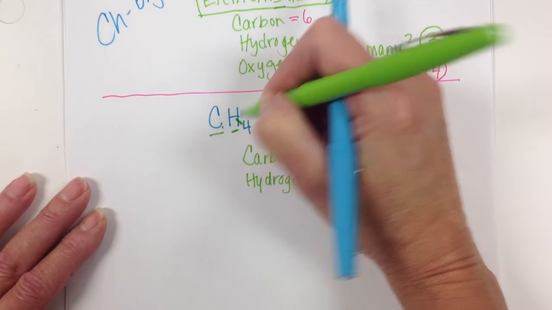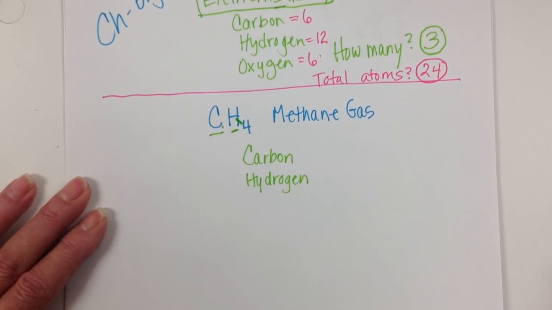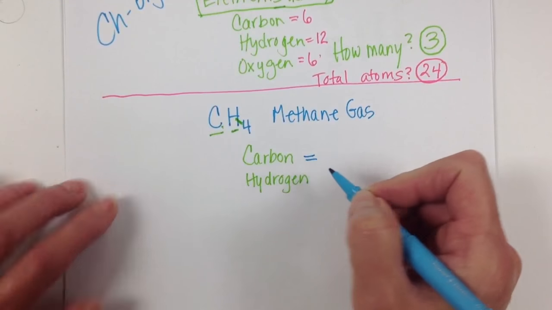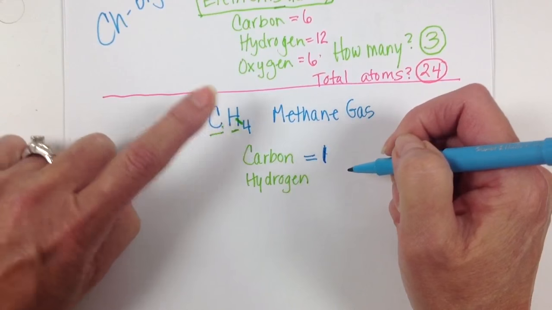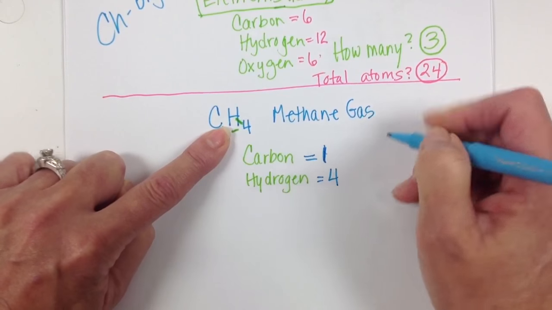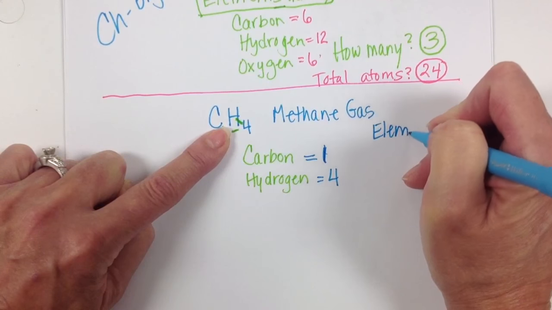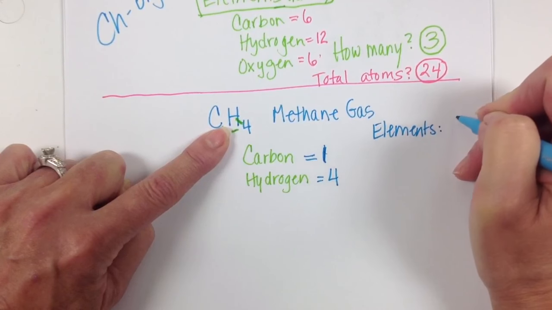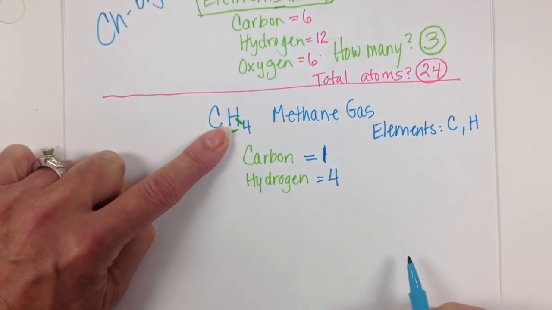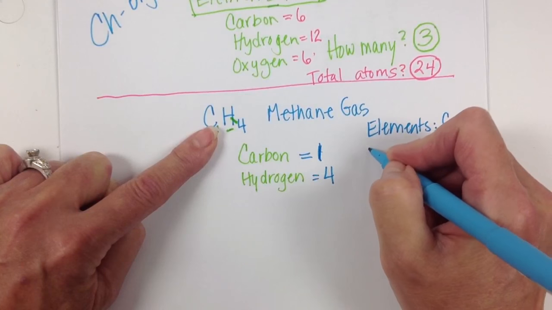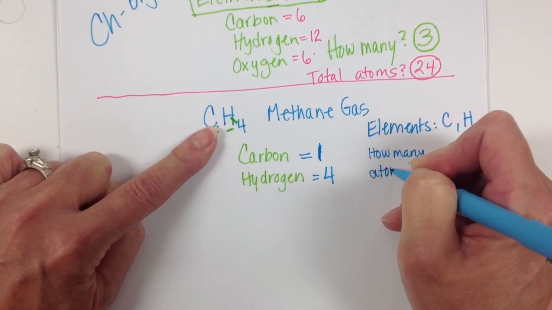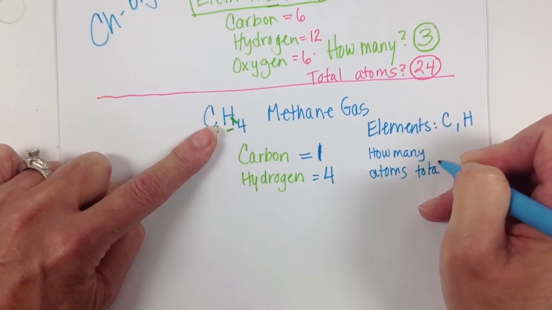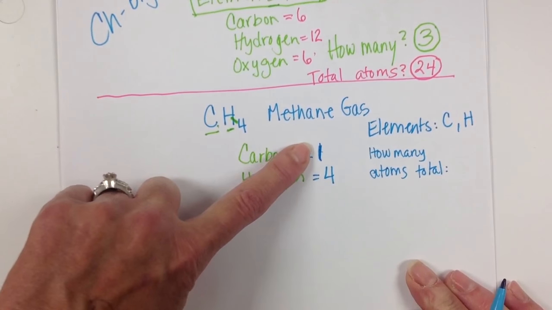And the 4 is going to correspond with the number of hydrogen atoms in this molecule. So carbon, how many carbons do we have? Well, there's only one here, so we have 1. How many hydrogen? 4. So what elements are there? Carbon and hydrogen, right? And how many atoms total? Well, we add them up, 5.